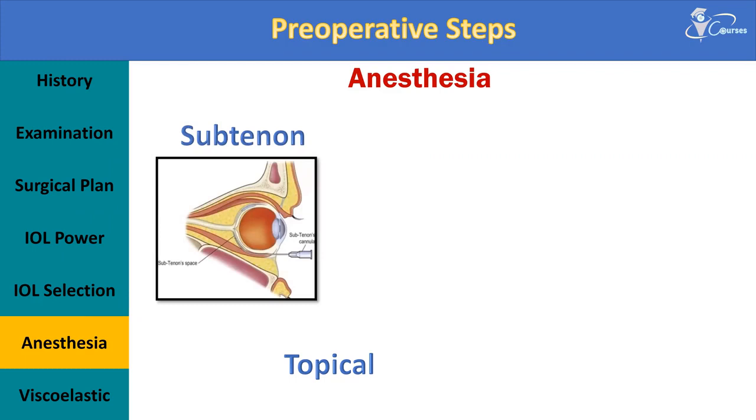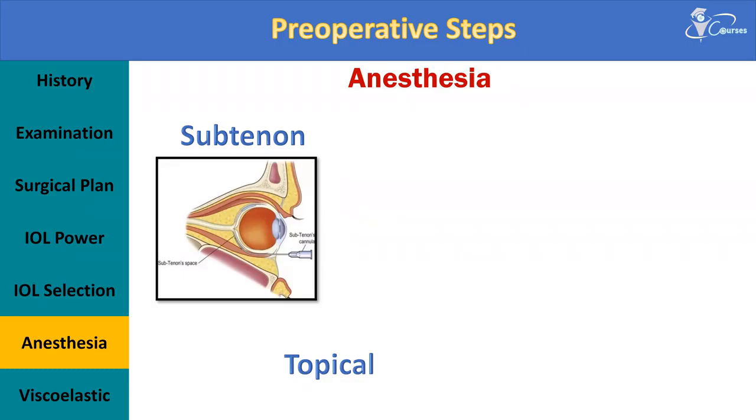Another method is called subtenon anesthesia. Subtenon anesthesia provides longer anesthesia, as it anesthetizes the ciliary nerves present around the optic nerve. By passing a cannula called the subtenon cannula into the subtenon space and injecting anesthetic agents, it will anesthetize the eye, providing more comfort during the surgery for a longer duration.